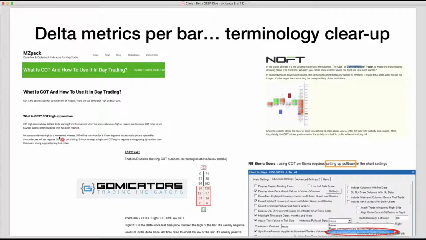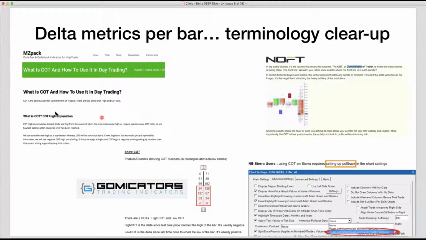They explain this as cumulative bid-ask delta, a bit confusing, from the moment when price makes a new high or repeats the previous one. It helps to see buy-sell balance after a new price level has been reached. Not the clearest explanation in the world.